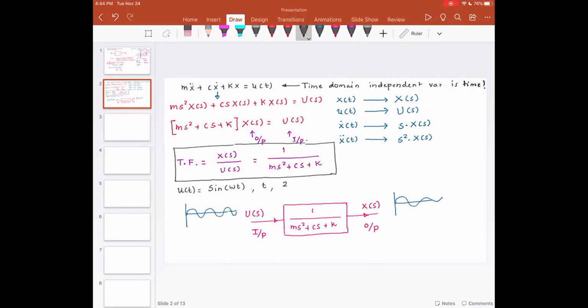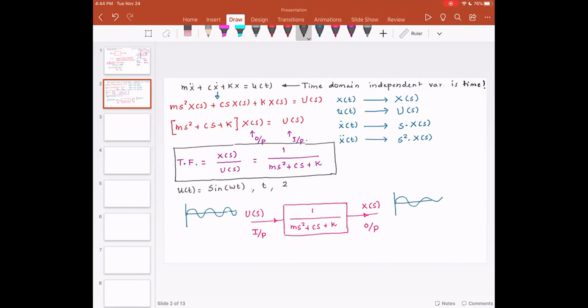Because please understand, what is happening here is nothing but a simple algebraic operation. Multiplication is not a differential operation. It's an algebraic operation. So u of s is just multiplied with what you have here.